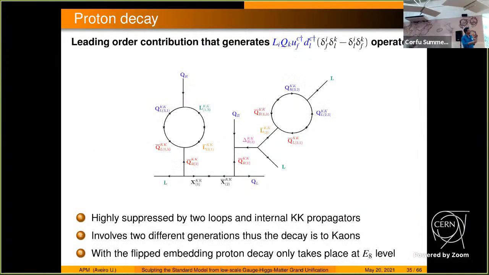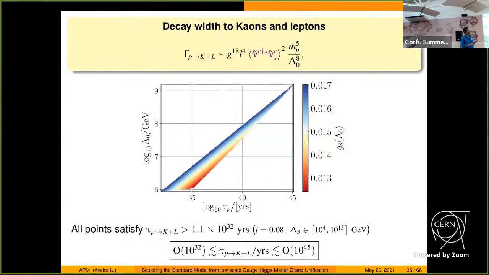And each vertex contributes one power of this gauge coupling. So when you calculate the decay width, you have this g to the power of 18, and also some loop suppression, L to the 4, because of those two loops. And you also have the unification scale to the power of 8 suppression, but this is not large.